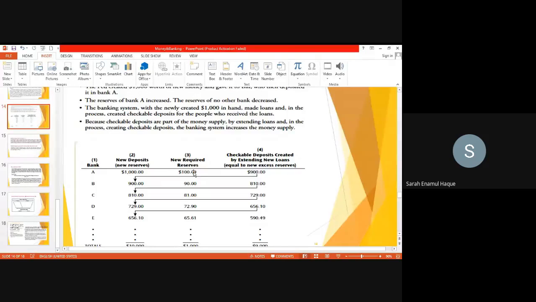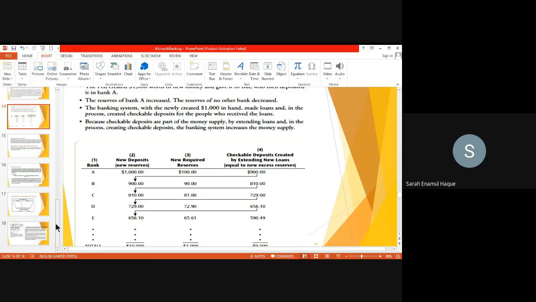First there's a new deposit. From that new deposit, the required amount is left as required reserve, which is given to the central bank, and the remaining money is part of the excess reserve, and then from the excess reserve the money is given out as loan, right? So you need excess reserves to give out loan.